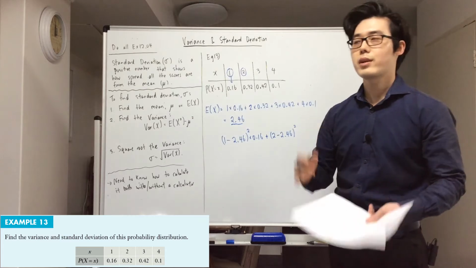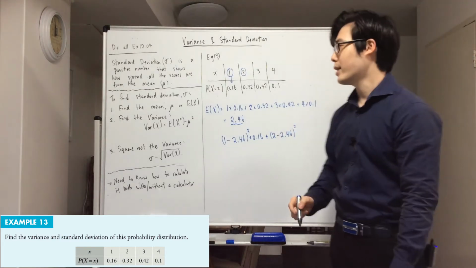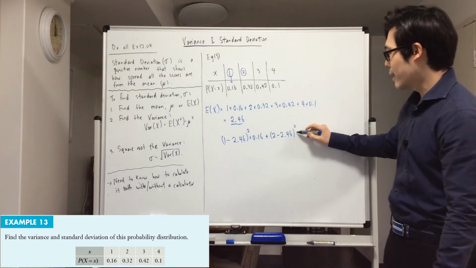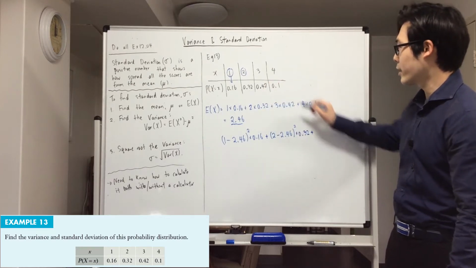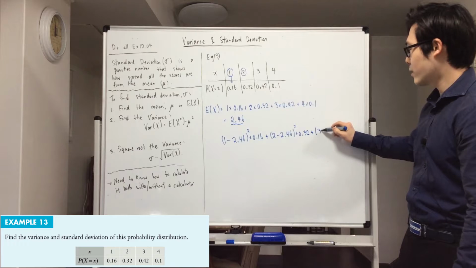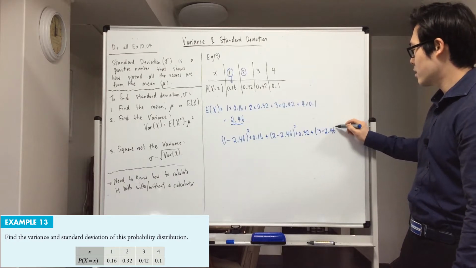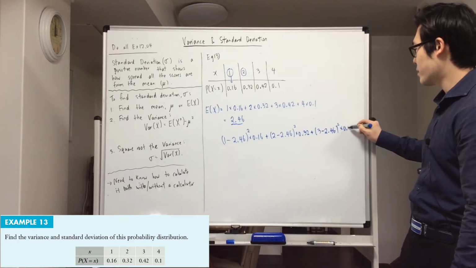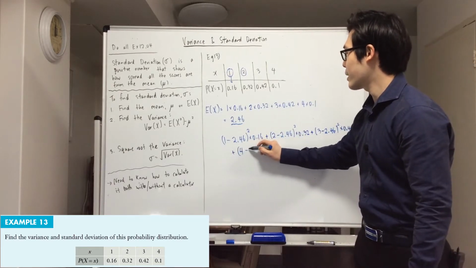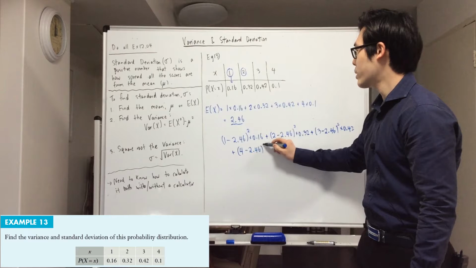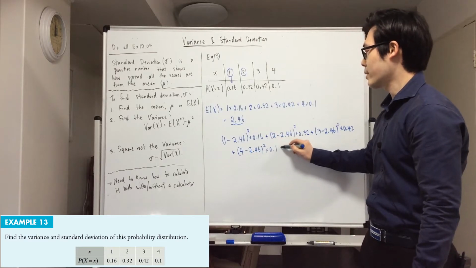It will never be a negative number. Keep that in mind. So that's why we're squaring it. Times the probability, and I'm going to keep going, plus 3, take away the mean, squared, times the probability, plus, now the next one is 4, take away 2.46, squared, times the probability, okay?